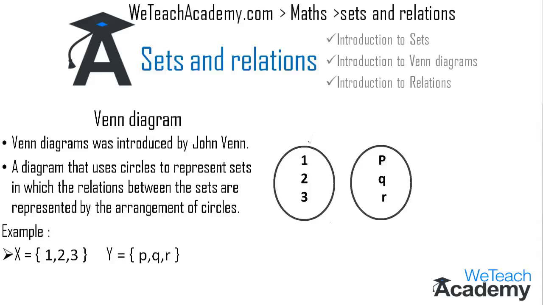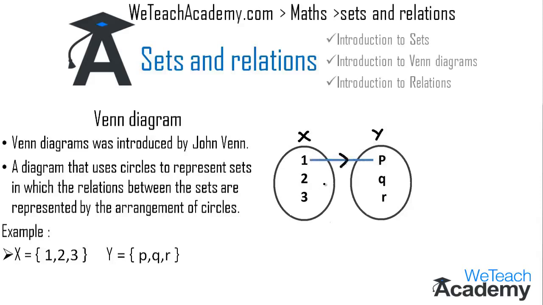Here we use a circle to represent the set X, in which we have written the elements of X, that are 1, 2, 3. And we have another circle in which we have represented the elements of Y, that are p, q, r. Now let us map the elements of X with the elements of Y. We can map the first element of X, 1, with the first element of Y, p.